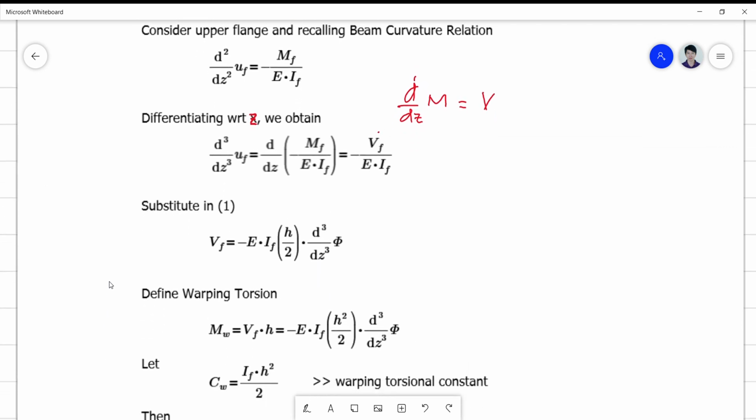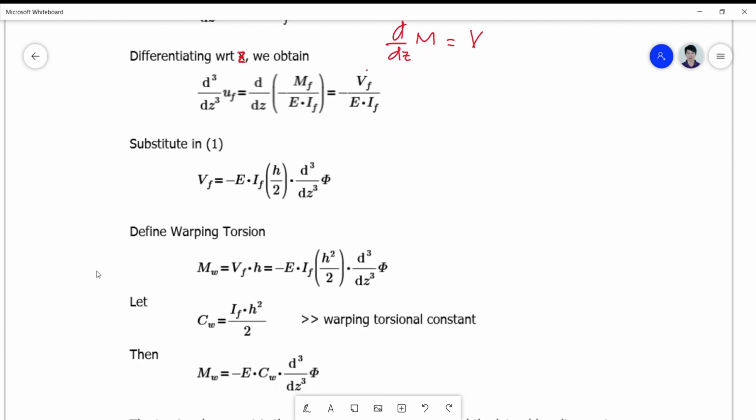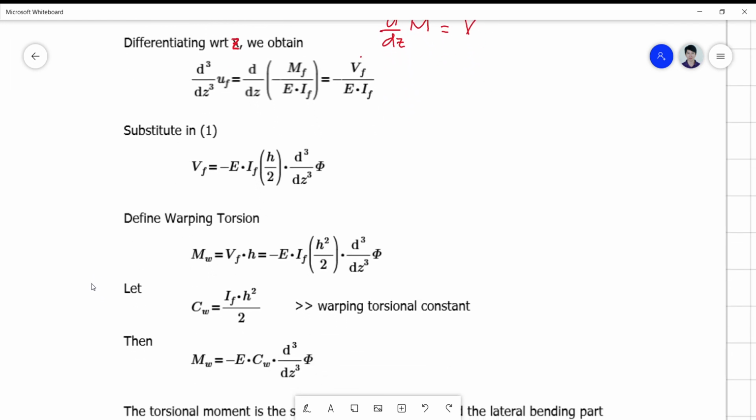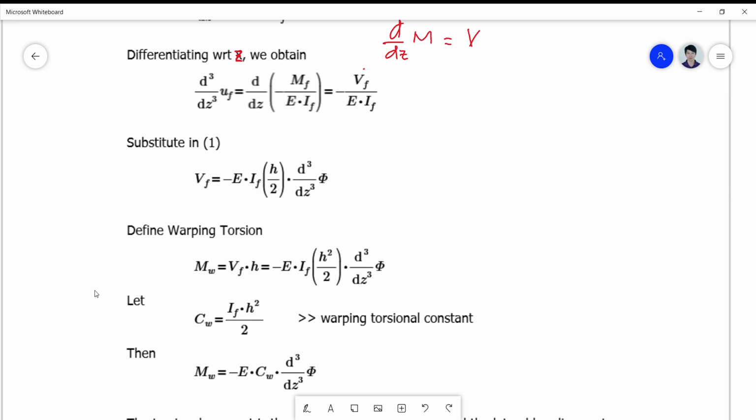So we now define warping torsion MW as the one that makes your flanges move laterally opposite with one another.